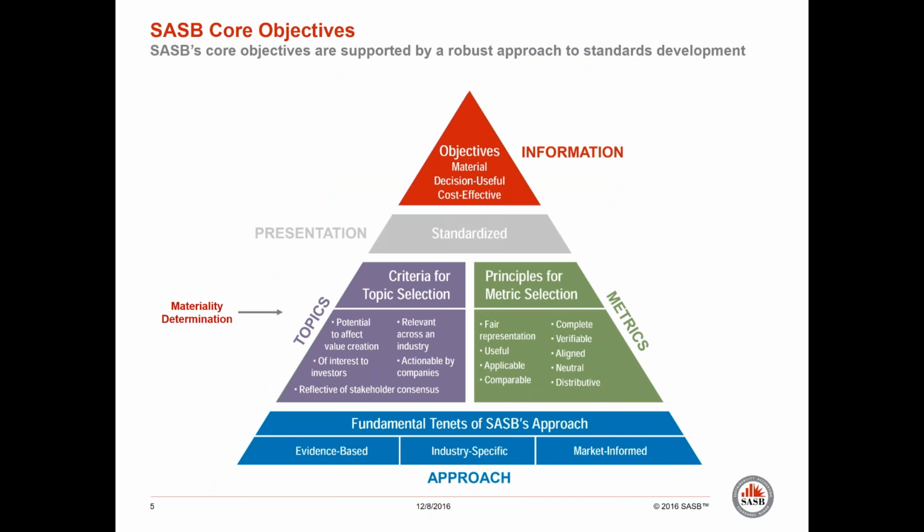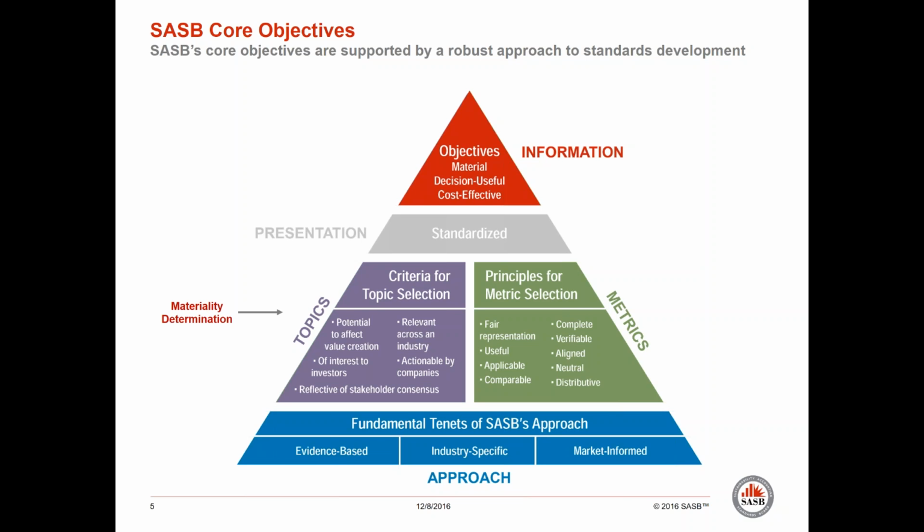We start at the bottom of this pyramid with looking deeply at evidence. We take an industry-specific approach to our standard setting, and we want to ensure that those standards are informed by the market, both from issuers and investors. We focus again on the left side here for this materiality determination on, most critically, the potential to affect value creation or financial position of an organization.